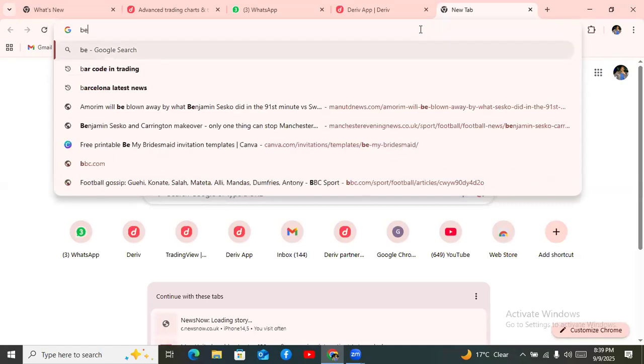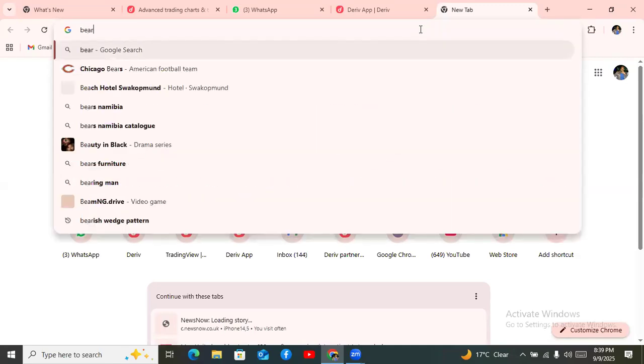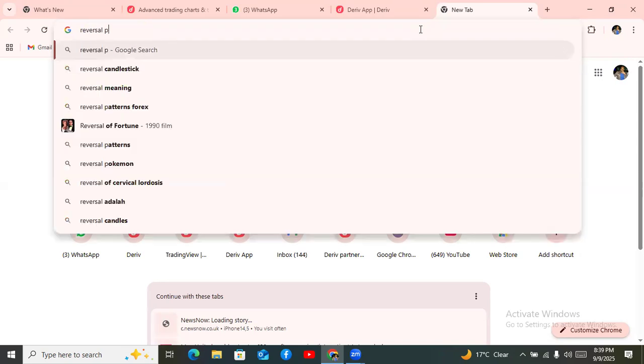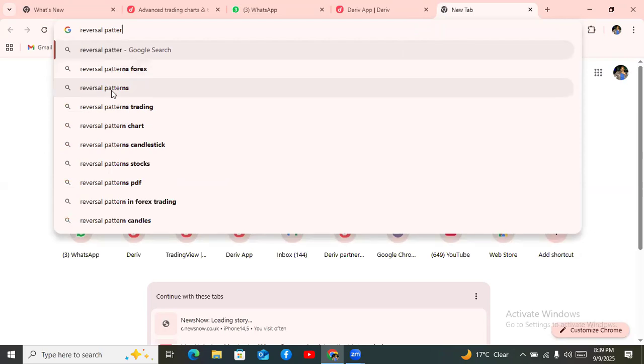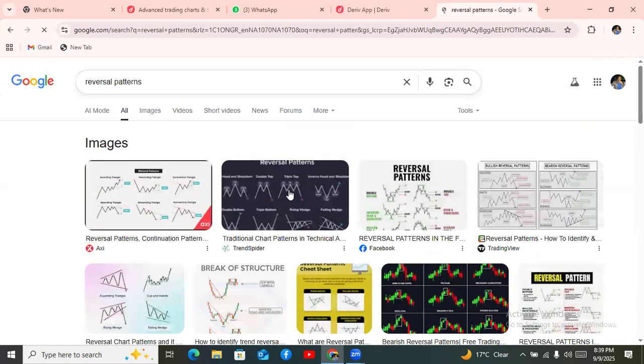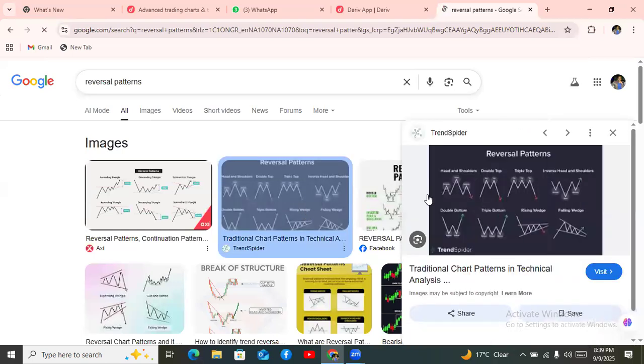So if I share with you reversal patterns, bearish reversal patterns. So we are looking for reversal patterns.